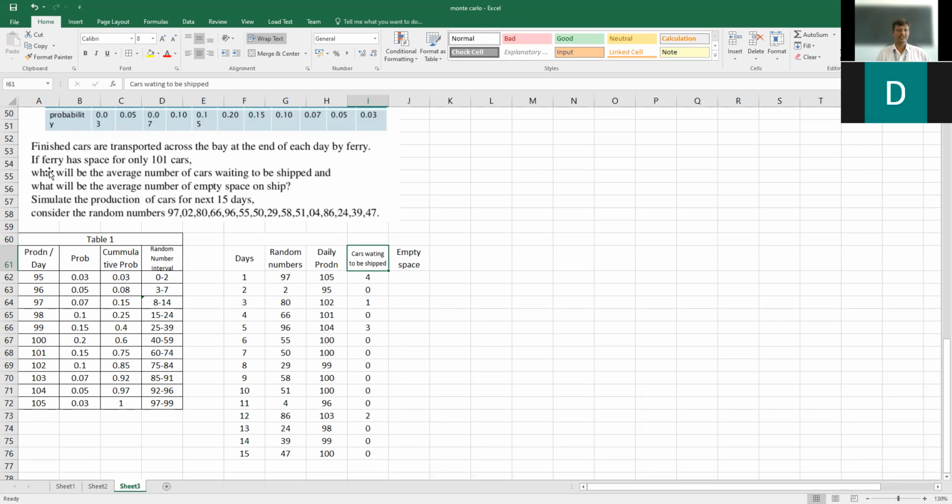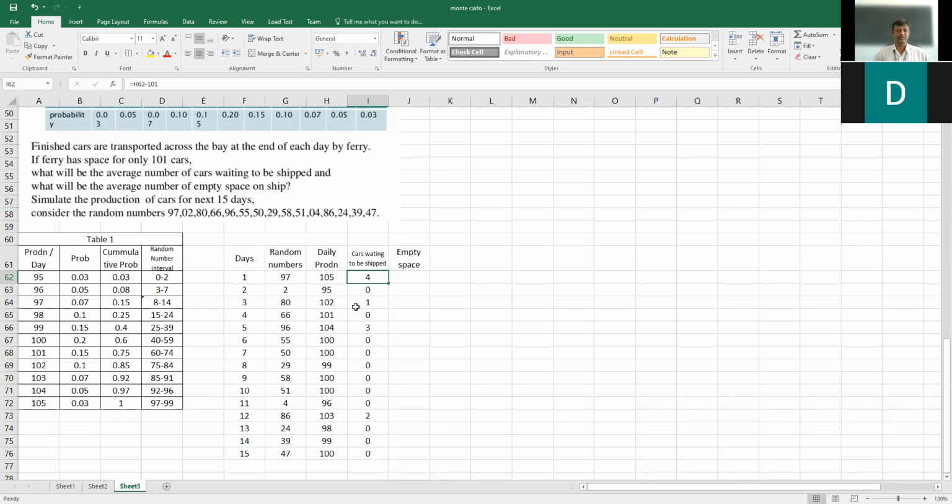The transporting vehicle can carry only 101 cars. Maximum of 101 cars can be accommodated in that vehicle. If you produce 105 units, then that vehicle can carry only 101 cars. Then you may have 4 cars waiting at your factory to get shipped.